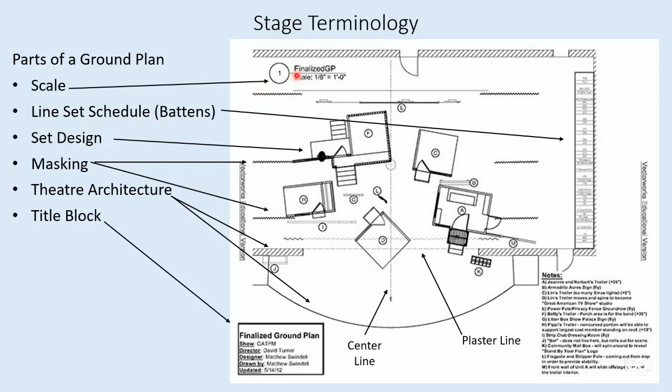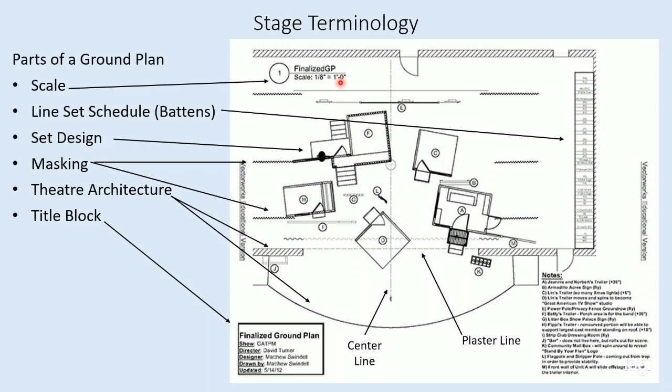And I'll do a whole other video on scale, but scale is a way that we can draw in proportion. On this drawing, 1/8 of an inch equals 1 foot. So if I were to take a ruler and measure how many eighths of an inch this line is, and let's just say, for example, it is 8/8 of an inch, or 1 inch, that means it would be 8 feet. 8/8 of an inch at 1/8 inch to 1 foot scale.